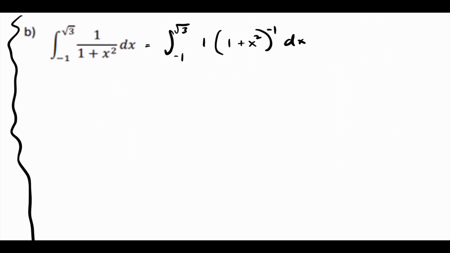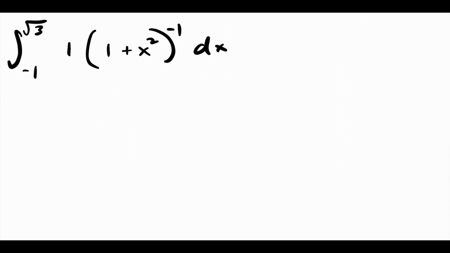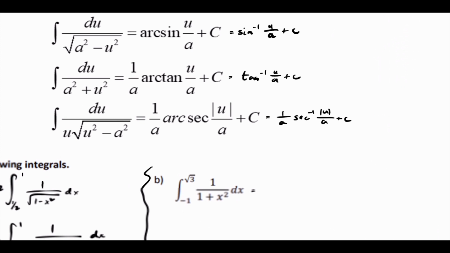But right now, you should be able to see that U substitution won't work for this guy. It will not work for the same reason it didn't work on the last one, because this would have to be my U, right? And the derivative of that's 2x. If I put x back in, there'll be too many x's. So there's got to be another option, and there is. It's arc tangent, or arc secant, or arc sine.